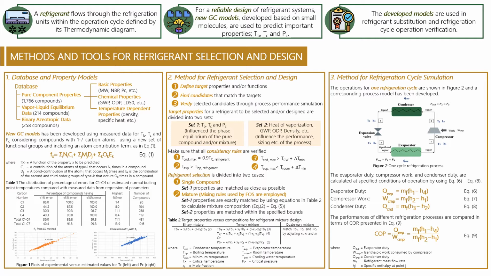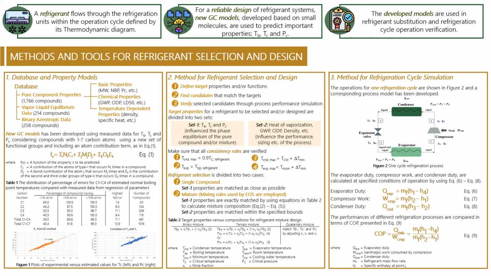Next is the method for refrigerant selection and design, which includes three steps. First, define target properties or functions. Second, find candidates that match the targets. And finally, verify the selected candidate through process performance simulation. The target properties are divided into two sets.